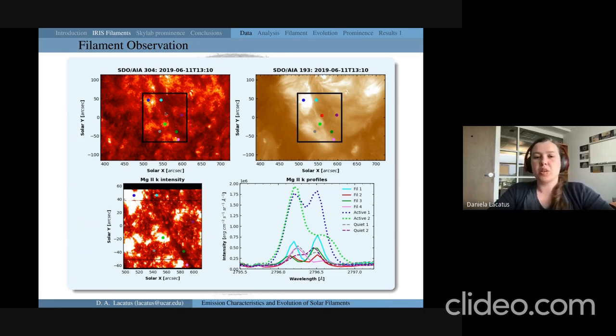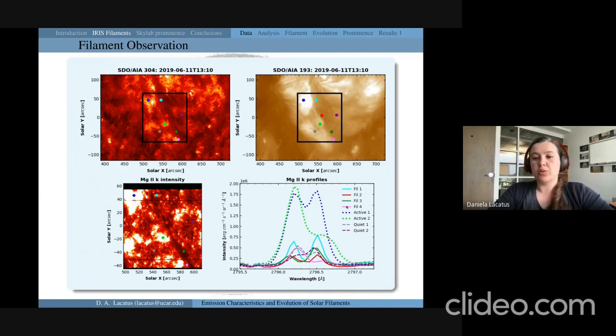The filament is located in the middle of the panel here, and the dark border shows the location where IRIS is pointing. For each of these positions, we have spectroscopic data over the region. I'm also showing here multiple dots of different colors. These show the variability of profiles within the field of view.